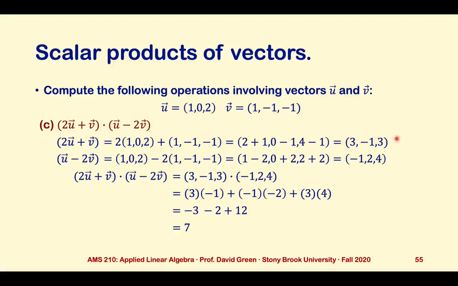This is the first vector of our dot product. The second vector, u minus 2v, we compute in the same way. 2v would be 2, negative 2, negative 2.